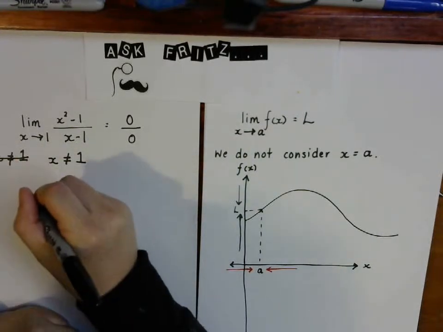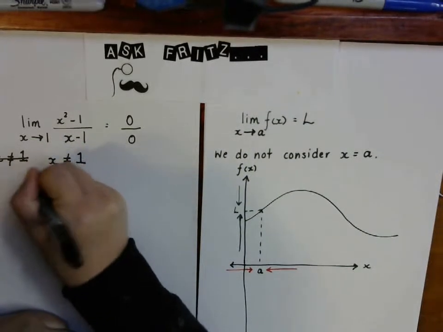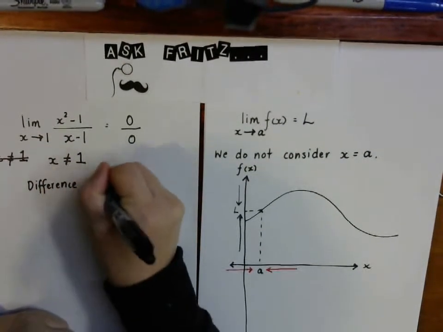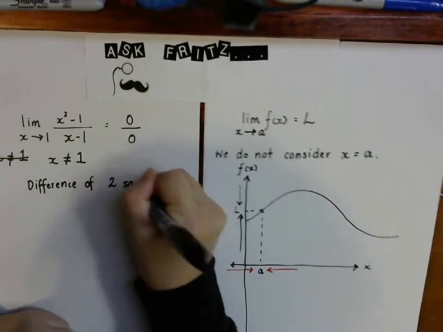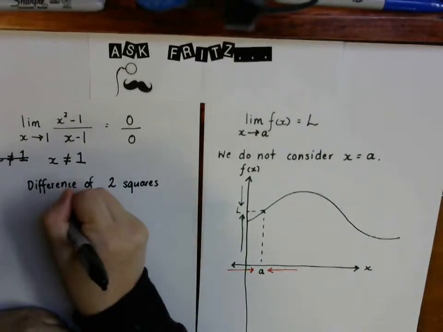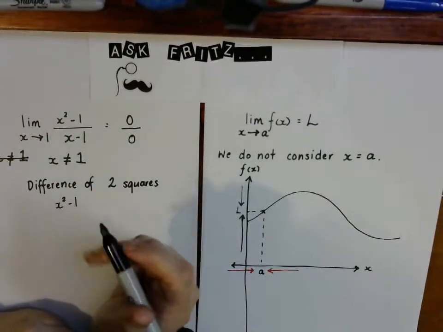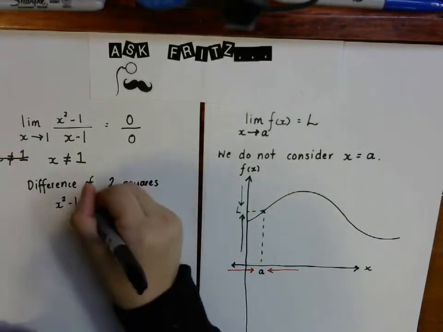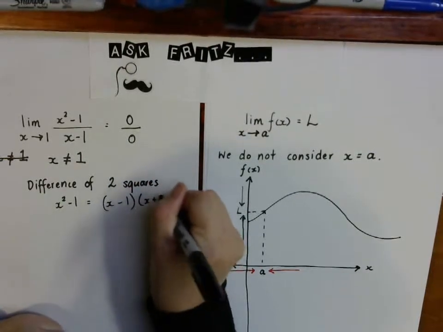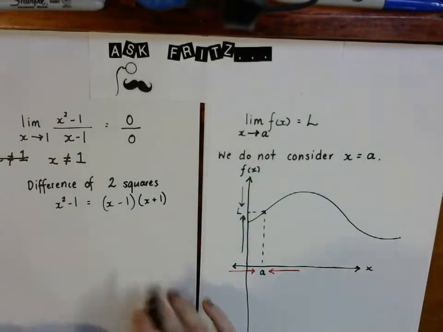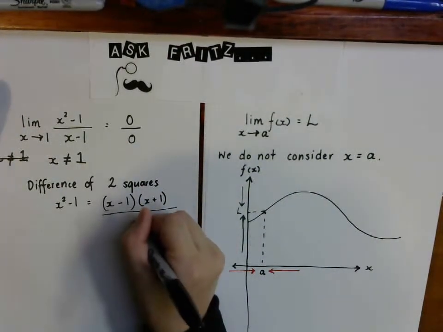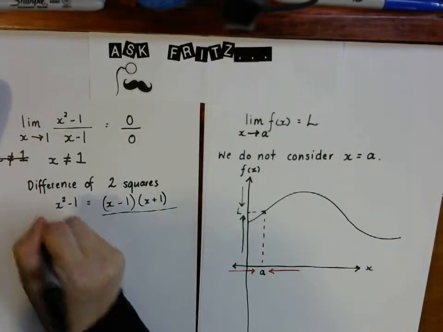Now, in the numerator, you have the difference of squares, the difference of two squares, because you have x squared take 1. So when we factorise this, we get (x take 1)(x plus 1), because 1 squared is 1. And that's already over. So let's rewrite this limit.